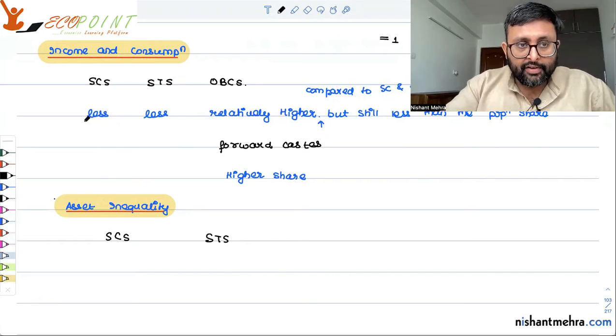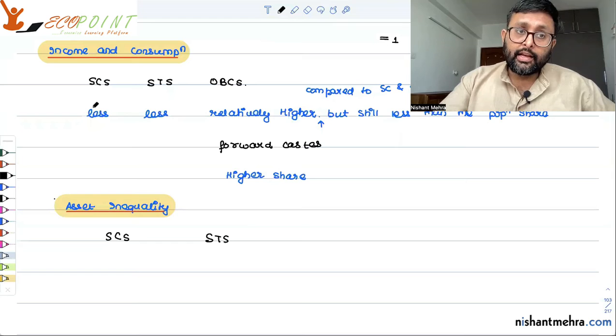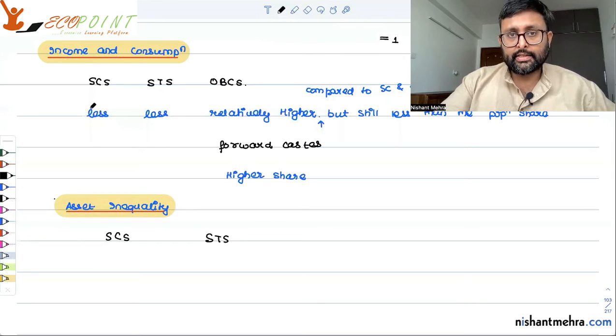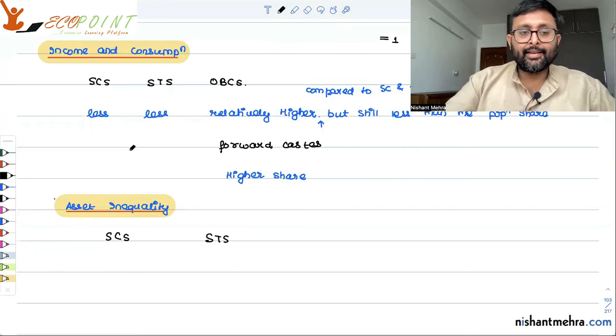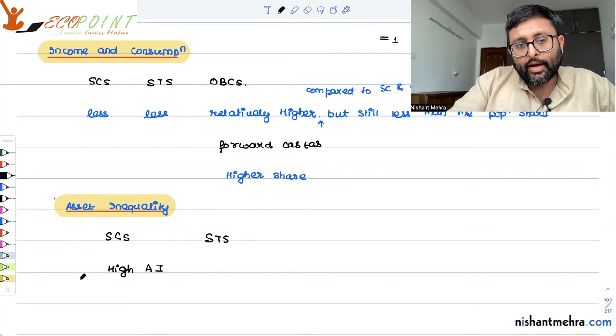So here, when I have written lesser, it means that the share of SCs in income and consumption upon the share of population is less. But here, when I'm writing high, I'm writing high asset inequality. So be very clear on that.